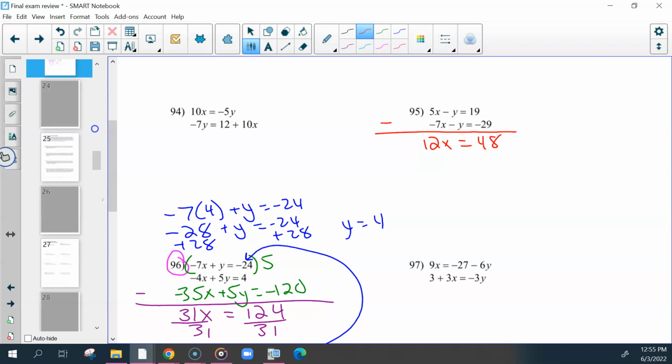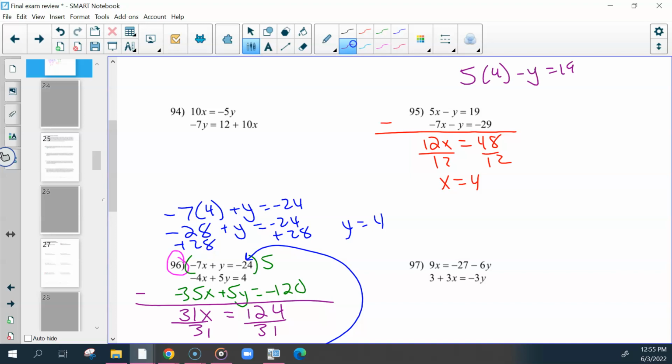So divide both sides by 12, we get x equals 4. And then put 4 back into one of your equations, it does not matter which one, and solve for y.